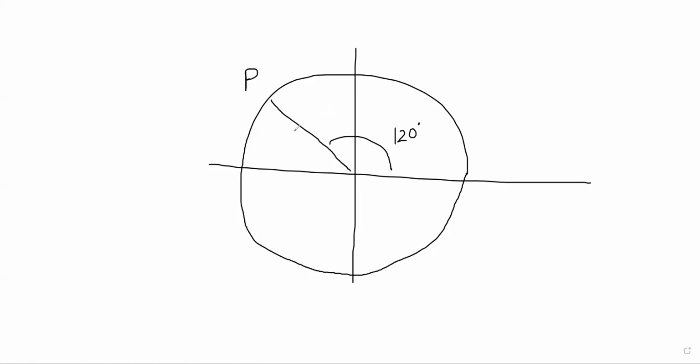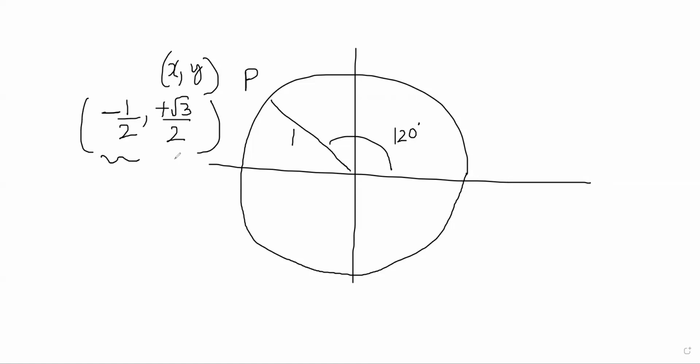First thing you told me was when it was 120 degrees, what is the x and y coordinates of this, right? Yes. And you said that it is minus half and plus root 3 by 2, right? Yes. So now you should realize that the x and y coordinates of a point are basically cos and sine of that point, where the angle is the angle that the point makes with the positive x-axis.